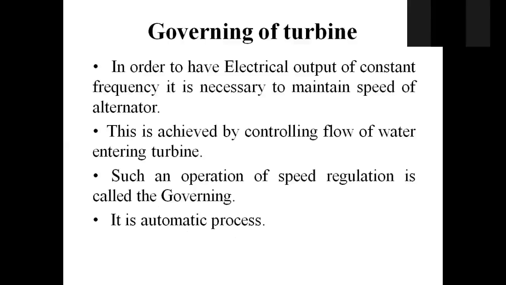Now, let us see the working, or the governing, of the turbine. What is the meaning of governing of a turbine? Basically, whenever there is a fluctuation in the electrical load, the turbine should rotate at constant speed. This is done automatically by governors.